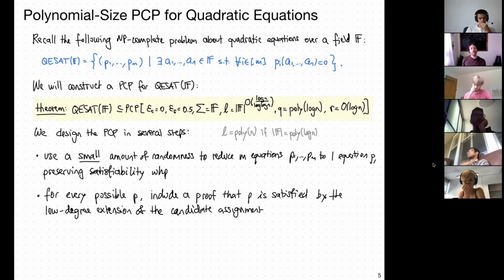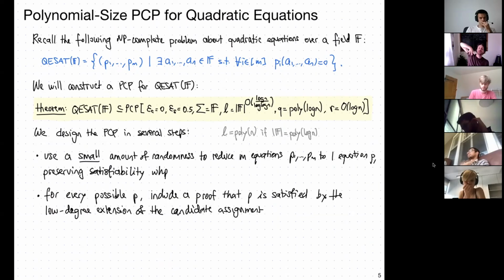And then for every possible such equation, this will induce a proof that is satisfied by the low degree extension of the assignment.